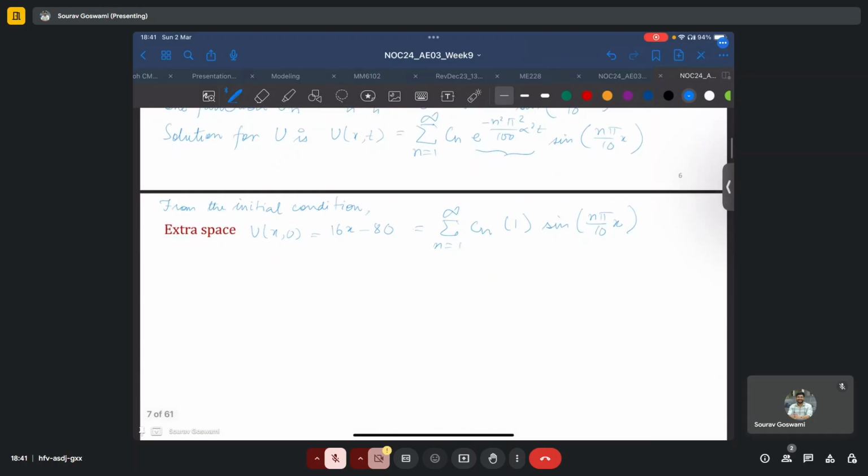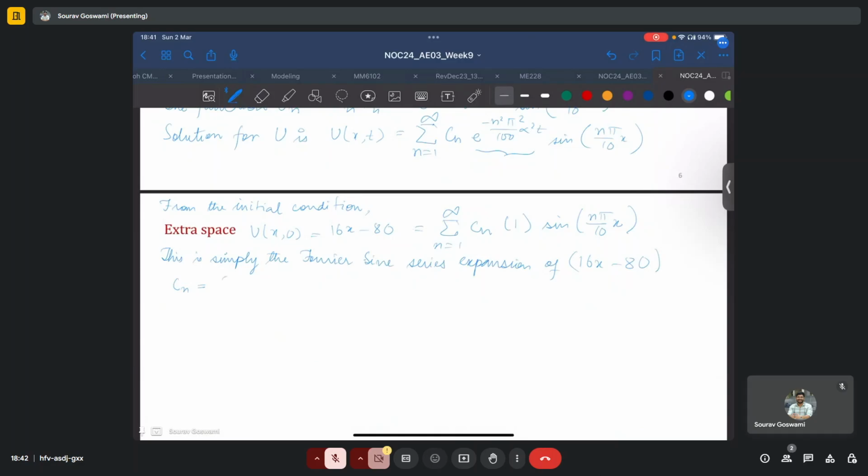So this is simply the Fourier sine series expansion of the function 16x minus 80. And so, since this is a Fourier sine series expansion, we already know the way to find this coefficient Cn.